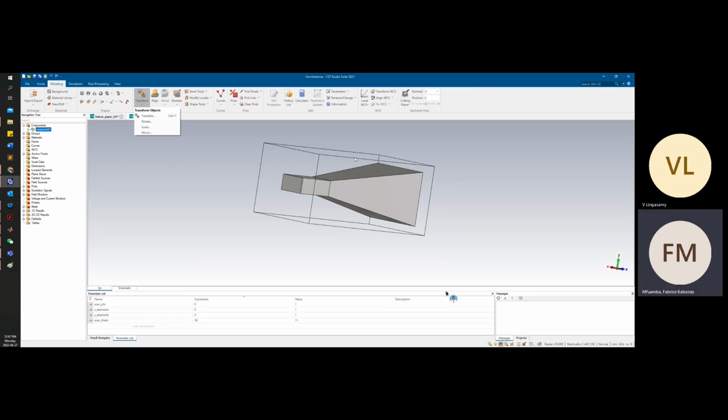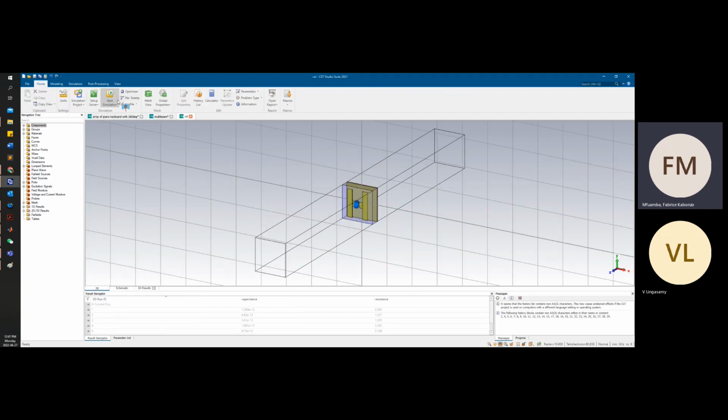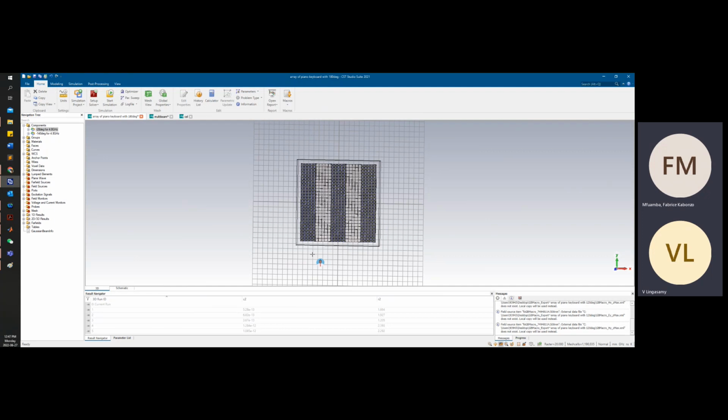Okay. I'm going again to the video. I want to show you again about this. This is one of my friends. He has designed this array from one paper, and he has used the field source.